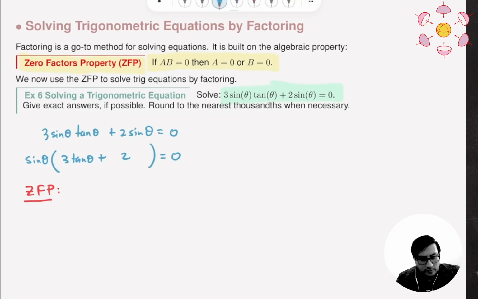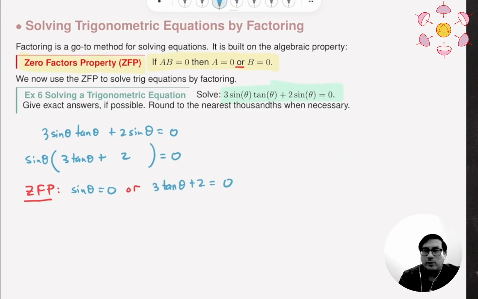What we can say is, sine theta is going to be equal to 0, or we're going to have that 3 tangent theta plus 2 is equal to 0. So instead of solving one hard equation, we split it up into 2 simpler equations. All right, pause the video, see if you can get the solutions to these on your own.